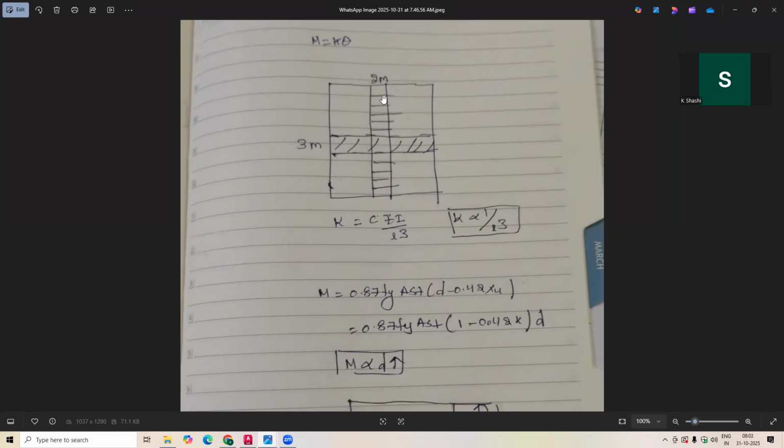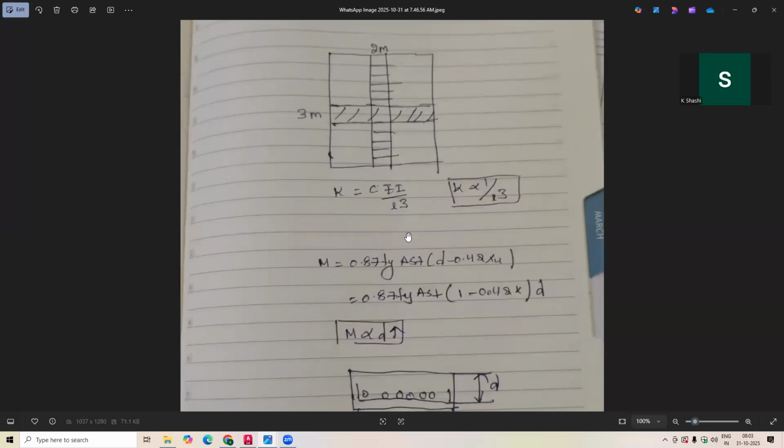If we consider a 2 meter and 3 meter span, the 2 meter obviously has less length, so its stiffness is going to increase. In order to produce the unit deformation or unit rotation, it is going to absorb more moment. Whenever it absorbs more moment, in order to resist that moment, it also needs to have more moment of resistance.